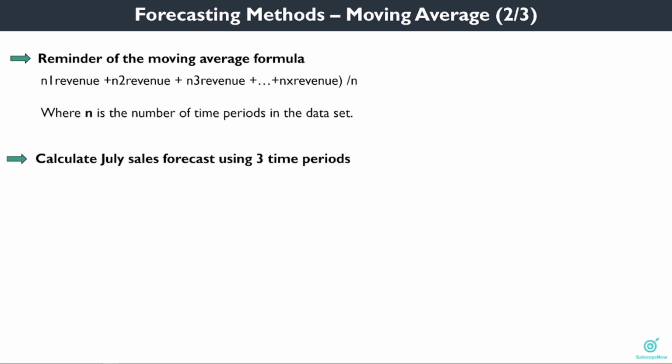So the forecast for the month of July will be 100,000 plus 75,000 plus 110,000, and the sum of this divided by 3. The result is 95,000.